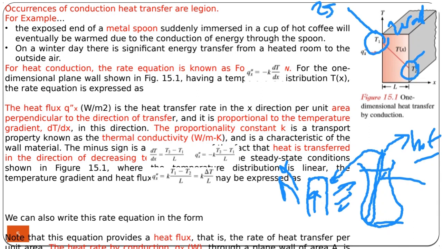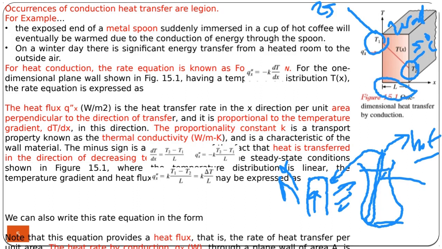So because of this temperature difference, and because of the physical properties of the wall, there will be a flow of heat transfer in the mode of conduction, and it's because of this temperature difference or temperature gradient. As you can see here, the temperature gradient is T1 minus T2 divided by thickness.